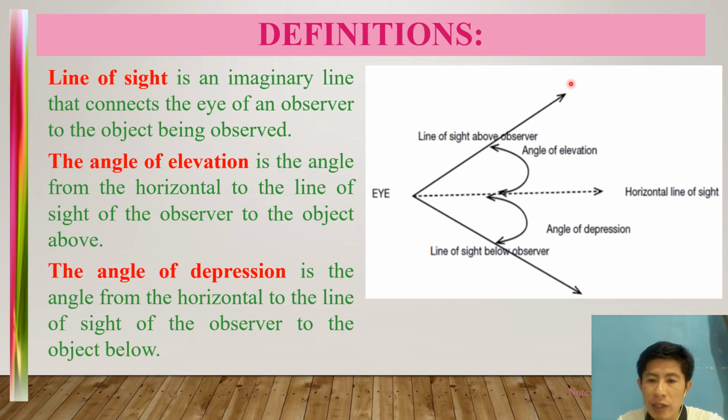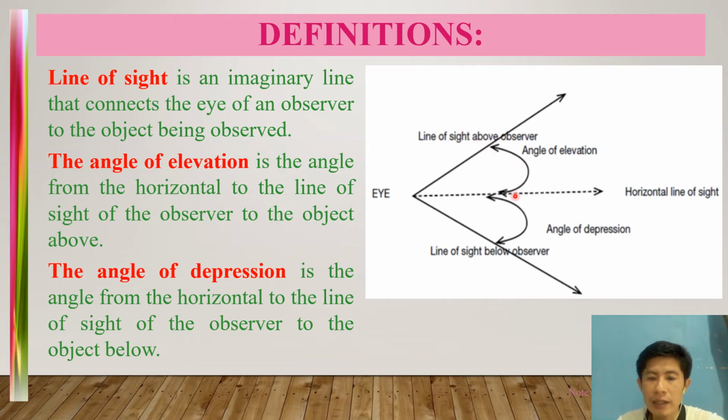And kapag meron siyang object dito sa taas, for example, meron siyang airplane sa part na yan, ito yung mata ko, nakatingin ako sa airplane. Then, yung angle na mapo-form from that horizontal line of sight papunta doon sa airplane, etong angle na mapo-form. So, this is the angle of elevation.